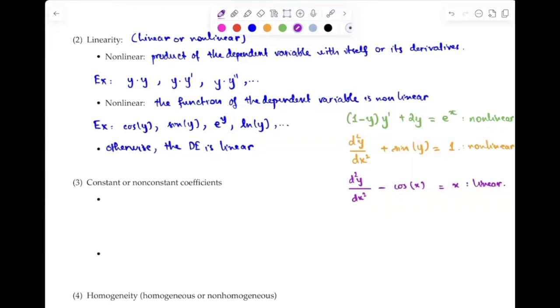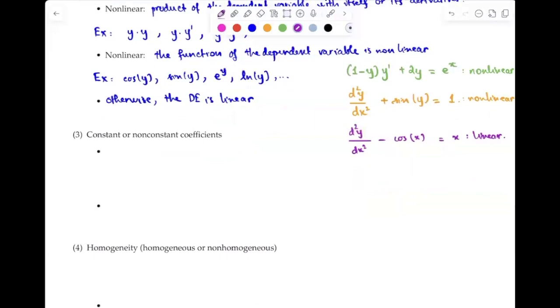Now the next category is constant coefficients or non-constant coefficients. If the dependent variable and its derivatives are multiplied by constants, you classify this as constant coefficients.